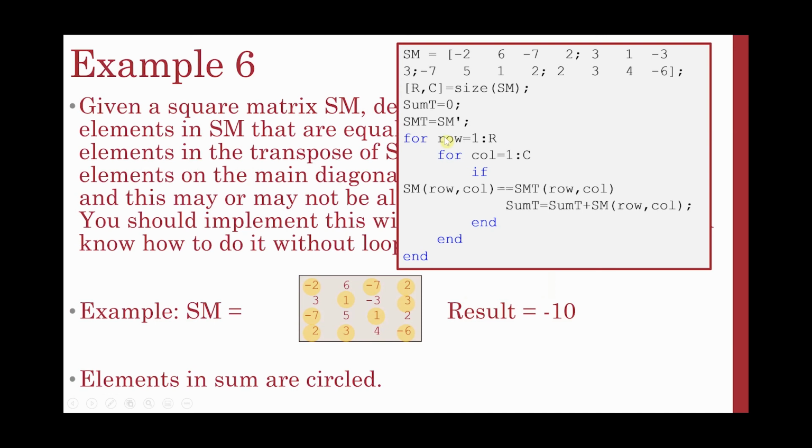We're going to say, well, for row equals 1 to the number of rows, and for column equals 1 to the number of columns, if SM of row and column is equal to SM transpose of row and column, sum is equal to our previous sum plus the value of SM of that row and that column. So this is where we're really using indexing within these for loops to perform calculations.